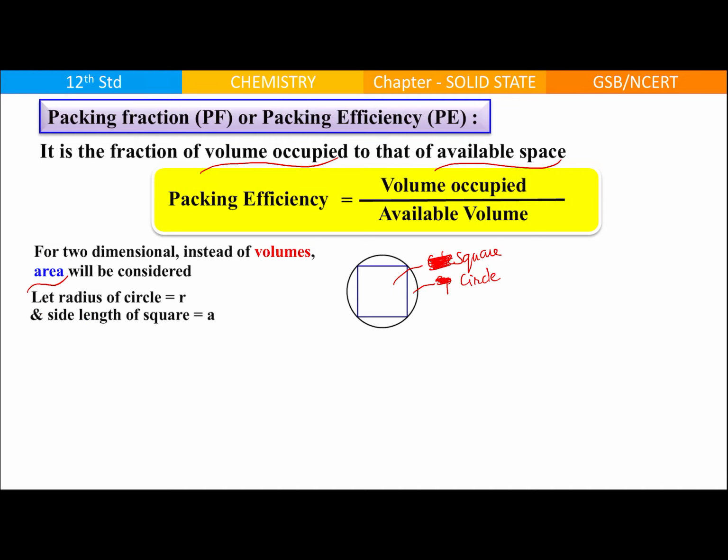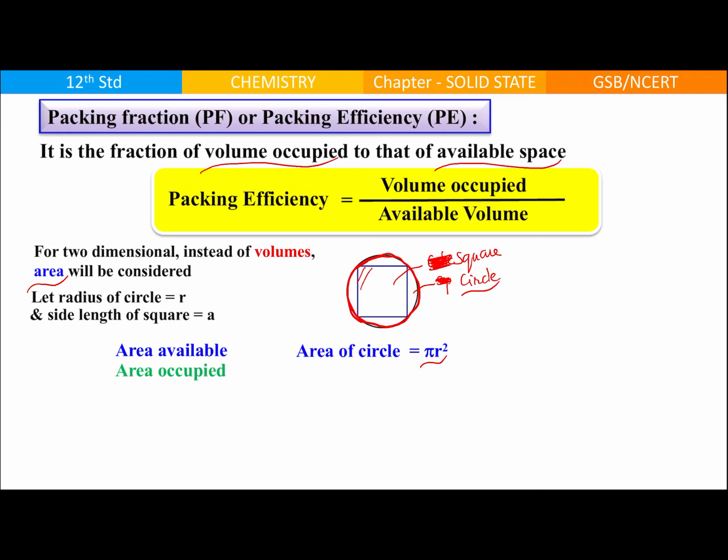Let the radius of the circle be r and the side length of the square be a. So what is the area available? The area available is the area of the circle, and that is pi r square. So this is the entire area available. What is the area occupied?